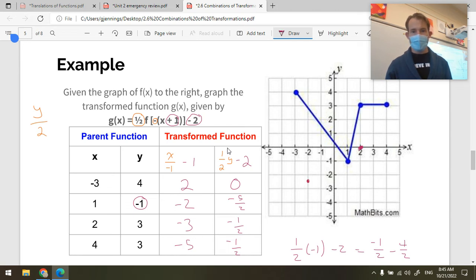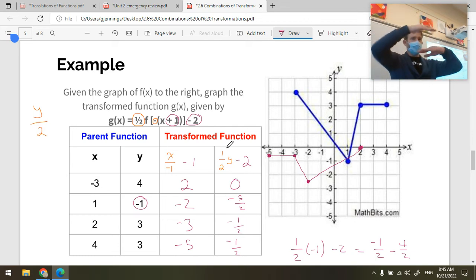Negative 3, negative 1/2 up here, and negative 5, negative 1/2 right there. So this is our new function. Look at that. It's been squished vertically, it's been reflected, and then it's shifted over and down. Cool.